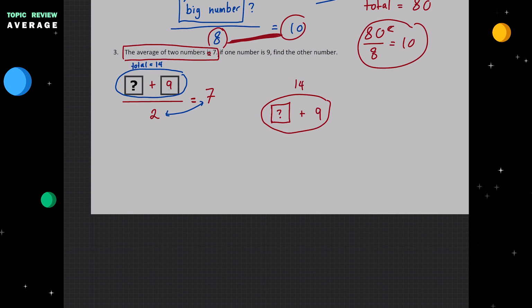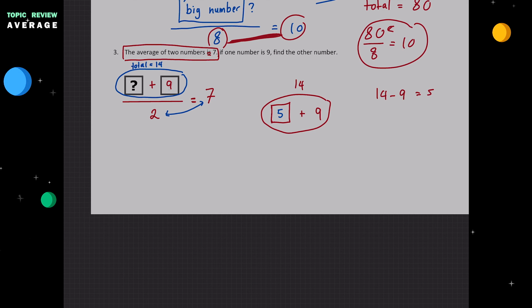What plus 9 gives me 14? Well, we do subtraction. We say 14 take away 9 and we get the answer 5. So this number, I'm going to put in blue, has to be 5. Okay, 5 plus 9 is 14. So therefore, our 2 numbers are 9 and 5.